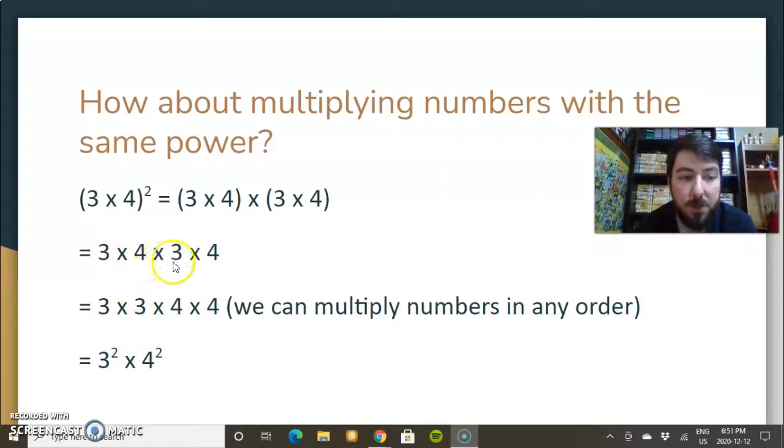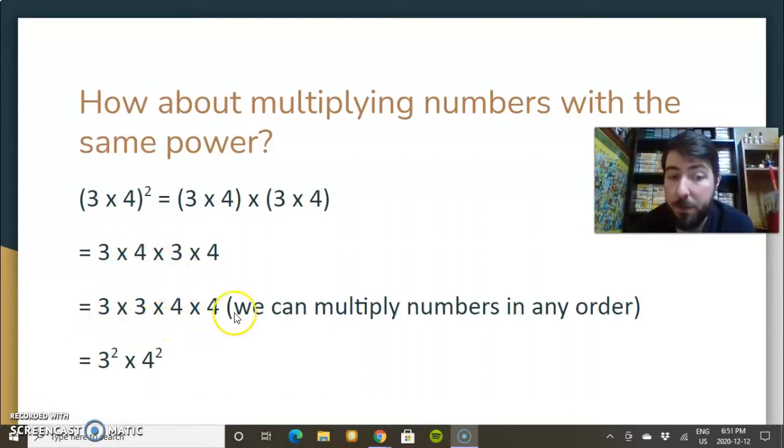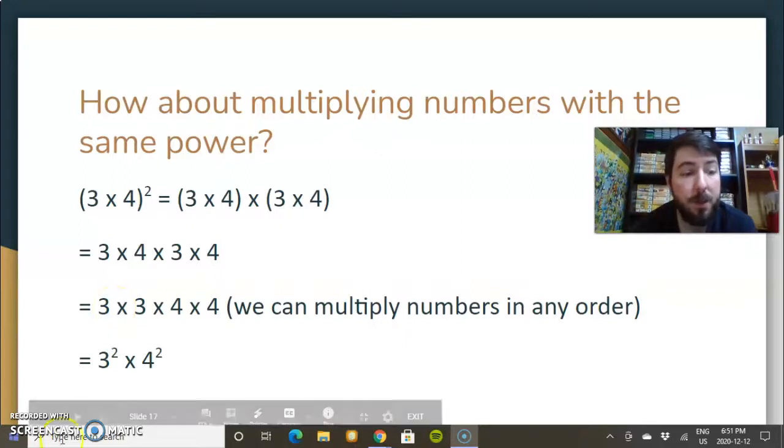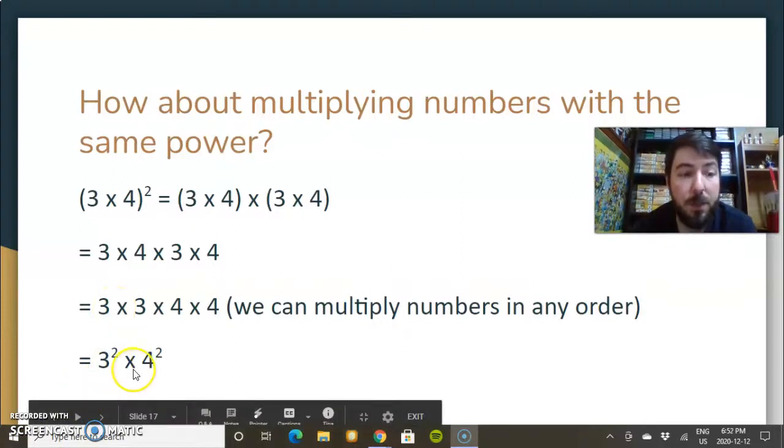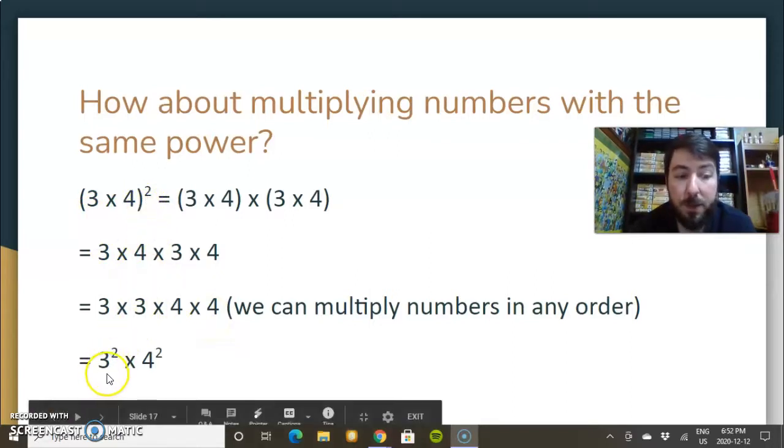I just rearrange this 3 and this 4, and I get 3 times 3 times 4 times 4. 3 times 3, we're multiplying the number 3 2 times. So that's 3 to the power of 2 times 4 to the power of 2, because we're multiplying the number 4 2 times. So (3 times 4) to the power of 2 equals 3 to the power of 2 times 4 to the power of 2.